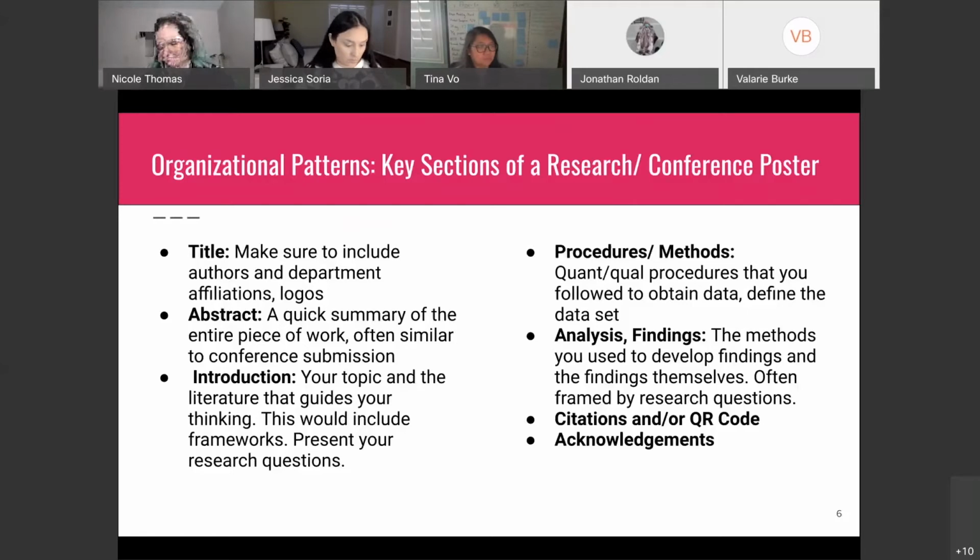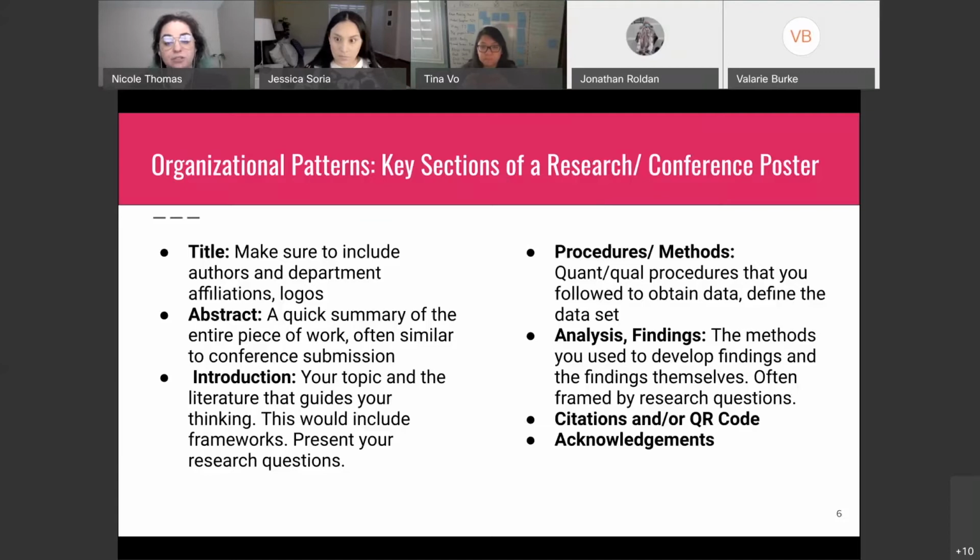Basically I had a link to lesson plans online. So teachers were able to come up to my poster, scan the QR code, and have access to the lesson plans way after viewing my poster. That's something really neat that you can include, and it helps people find out more about your work.